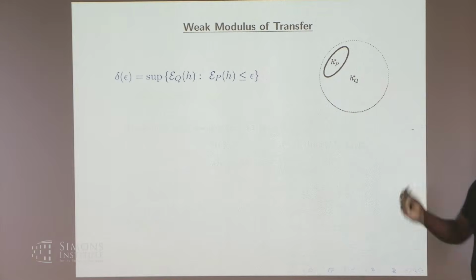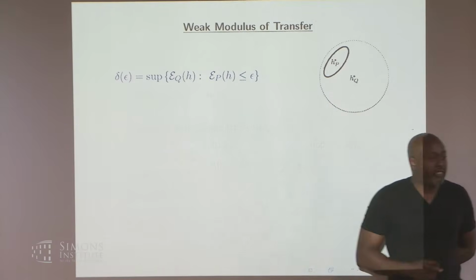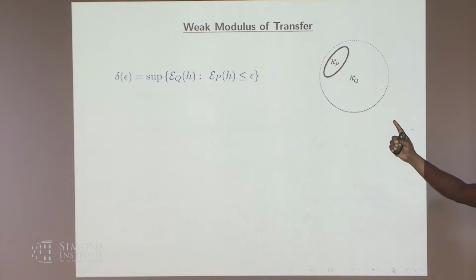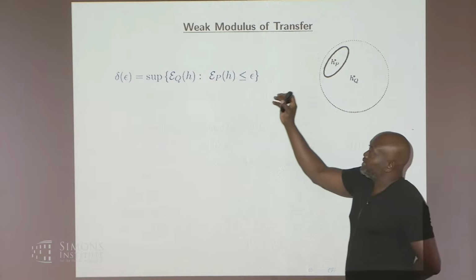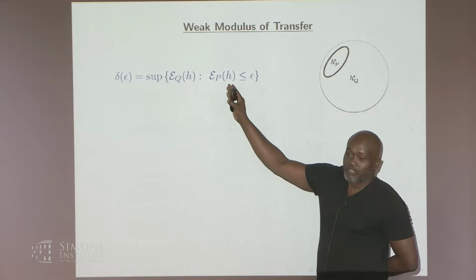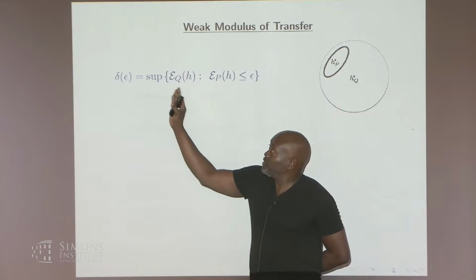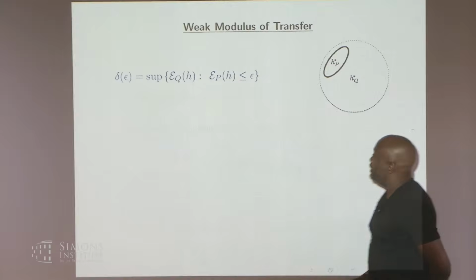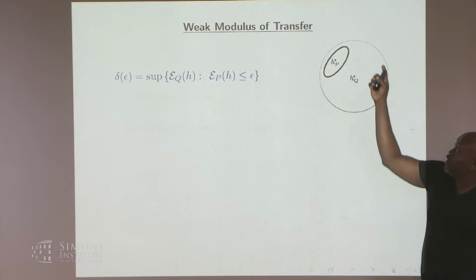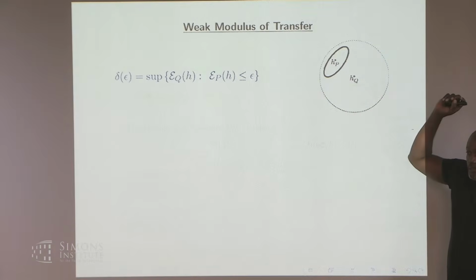Rather than giving you a distance, a number, I'm just going to look at the entire function. It says, if I'm decreasing risk under P, how much have I decreased risk under Q? Essentially, if I look at a small ball under P, how large of a ball under Q am I in? I hope that's clear.